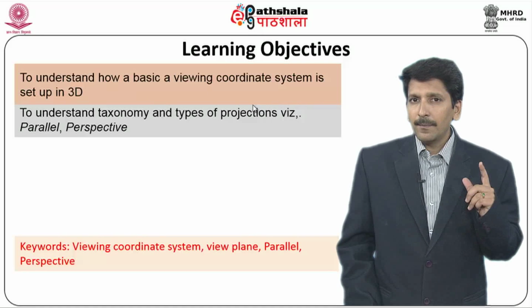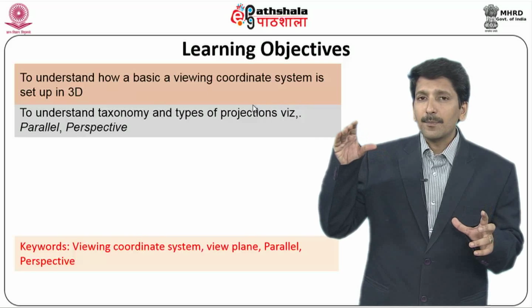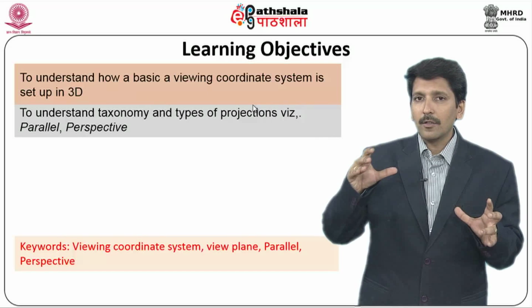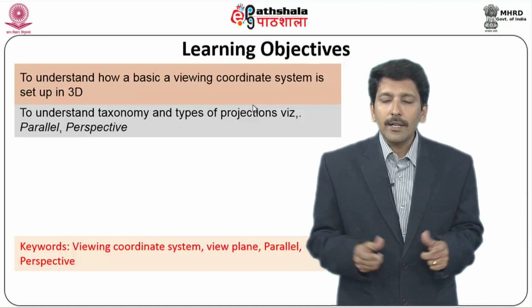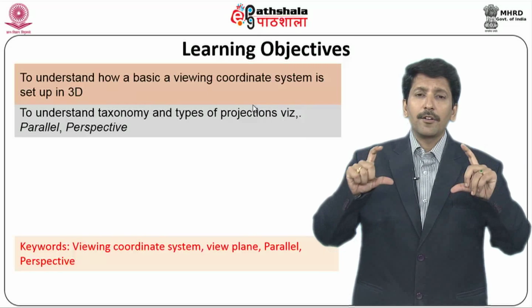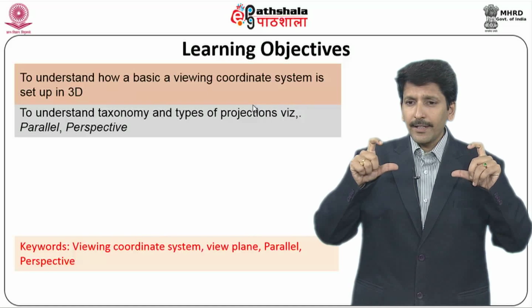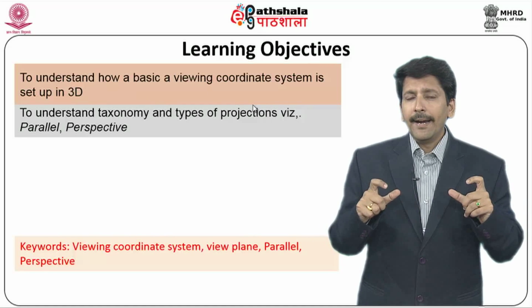We call it the viewing coordinate system because it is from that reference position that we will be viewing the world. Imagine you are holding a camera, standing at a vantage point, and you have chosen the direction, orientation and position, and then you are capturing the world. It is similar to that.